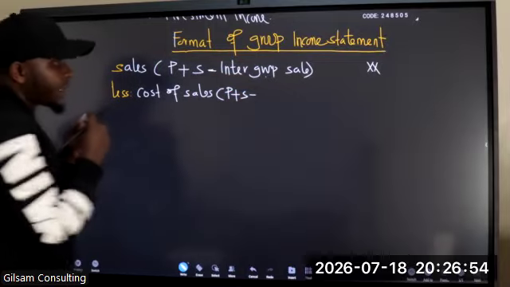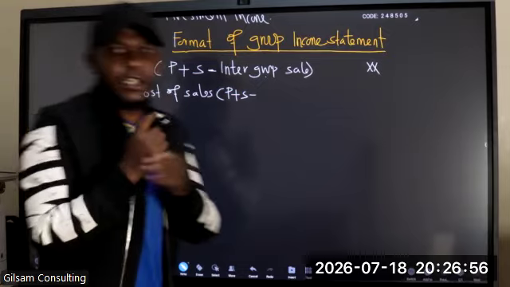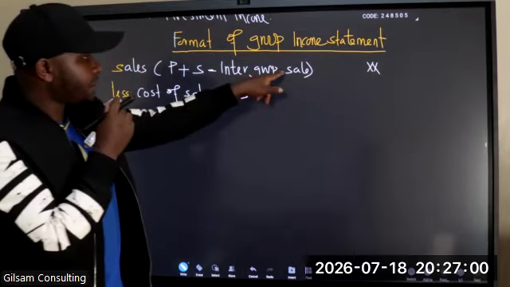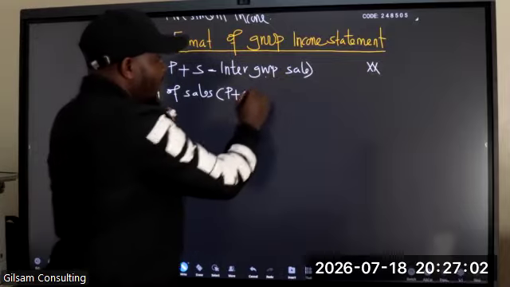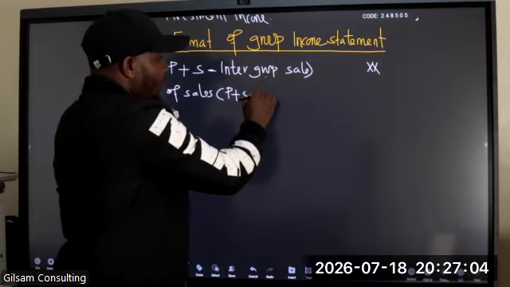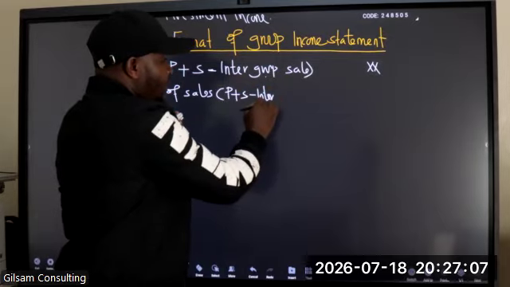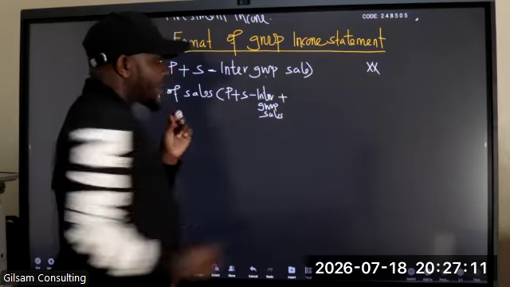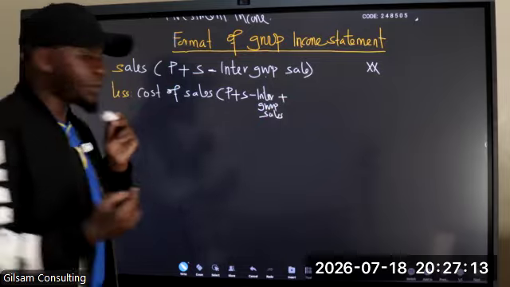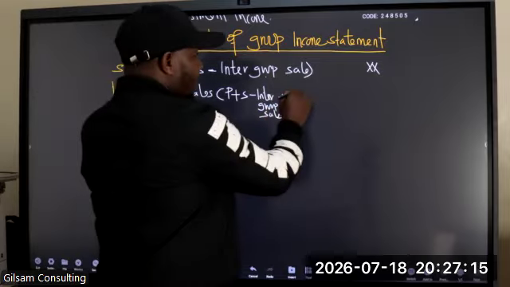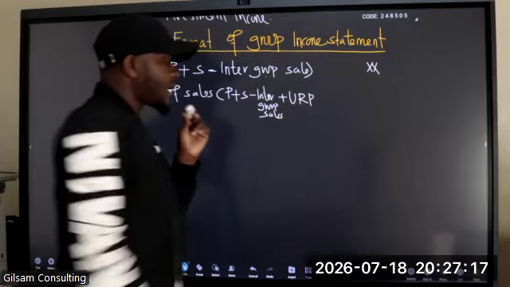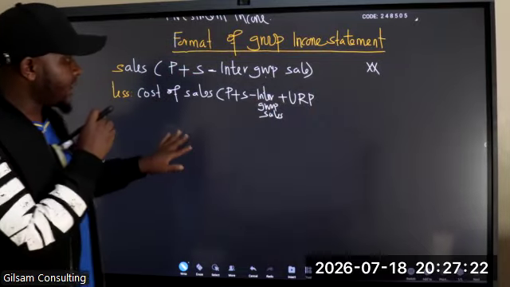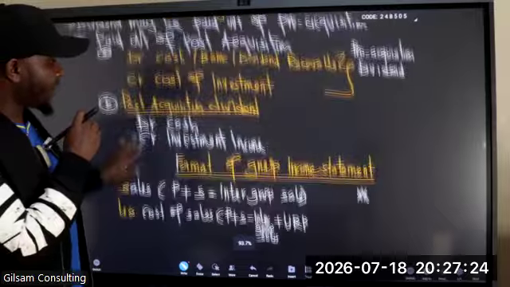Whatever you subtract for the intercompany sales affects both sales and cost of sales, so whatever you subtract here, you subtract the same value there, plus the unrealized profit, URP. What I'm doing here is these journals that you have written here.